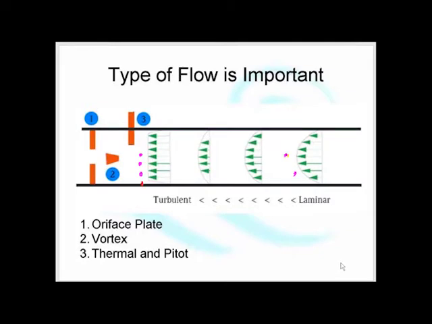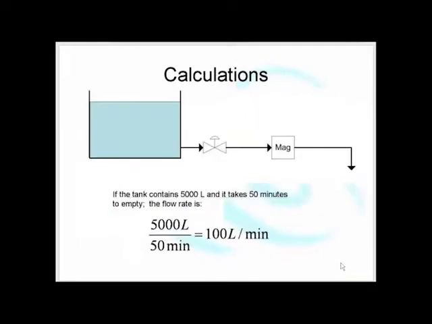So with the vast majority of our flow meters, we try and size the flow meter so that we will be having turbulent flow. Now, I just want to get a couple of calculations out of the way while your brains are still working. The first calculation we have is, I have a tank that contains 5,000 litres.